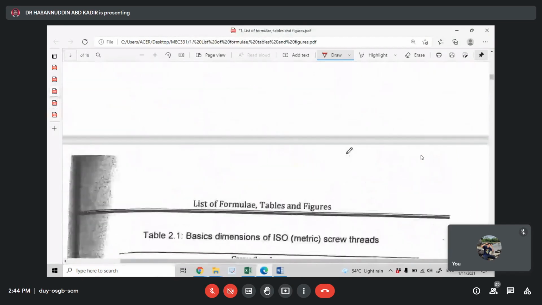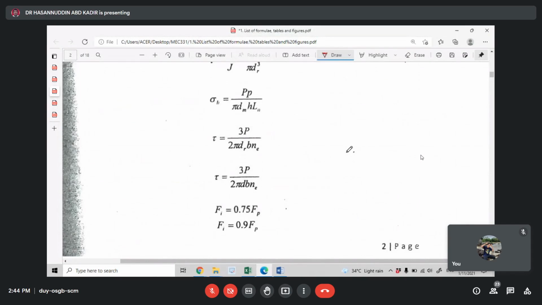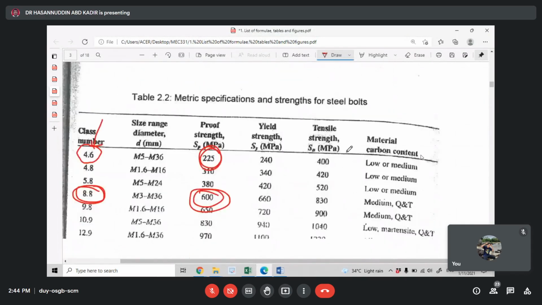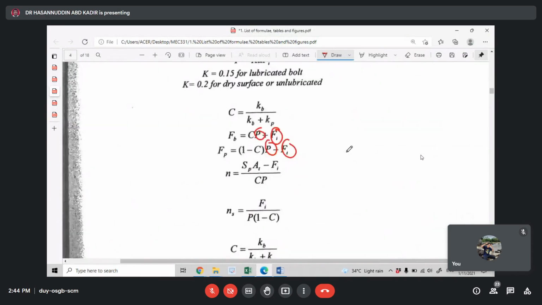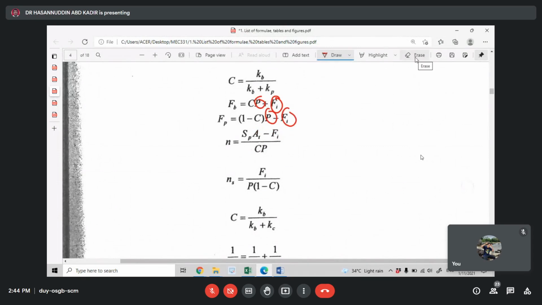So if you apply only this type of formula, we cannot find the value of 80 here. So they explain here.